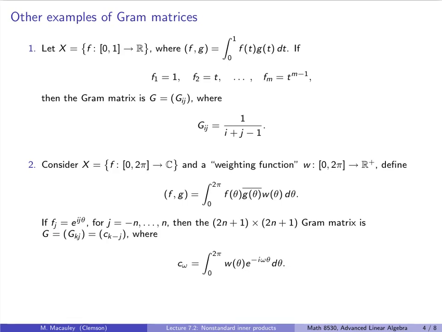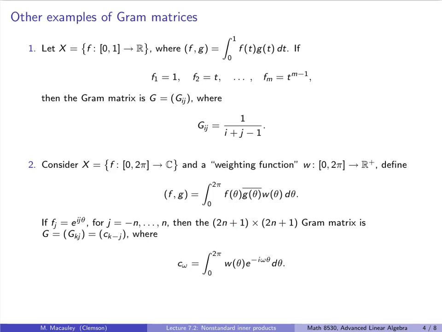If f_j is the complex exponential e to the i j theta for, well, let's take finitely many of them, so let's say j equals negative n to positive n. Here we have 2n plus 1 vectors, so the Gram matrix is 2n plus 1 by 2n plus 1.